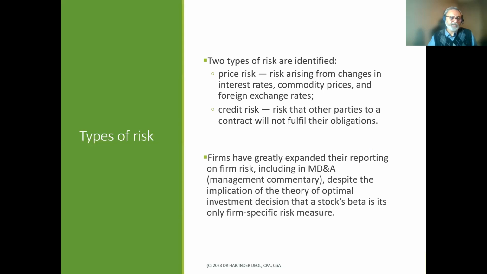And risk can emanate from many, many sources, but two very common sources of risk relate to the risk of price and the risk of credit. So these are risks that typically get addressed in expanded commentary that is included in MD&A, management discussion and analysis.